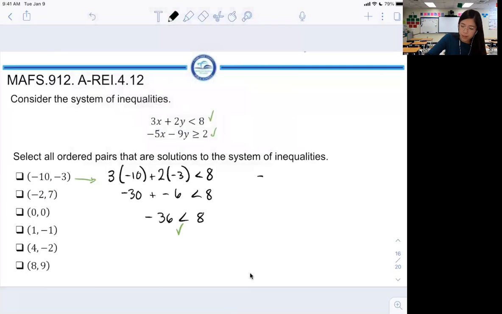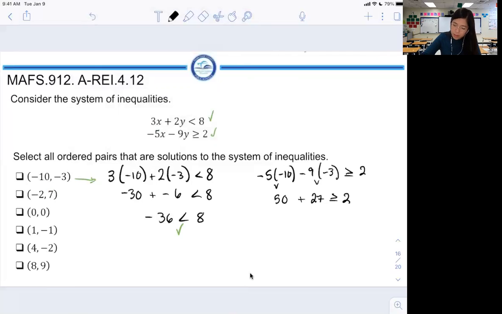So here we go. Negative 5 times negative 10 minus 9 times negative 3. And that has to be greater than or equal to 2. I get 50 plus 9 times 3 is 27. 50 plus 27, that's definitely greater than 2.